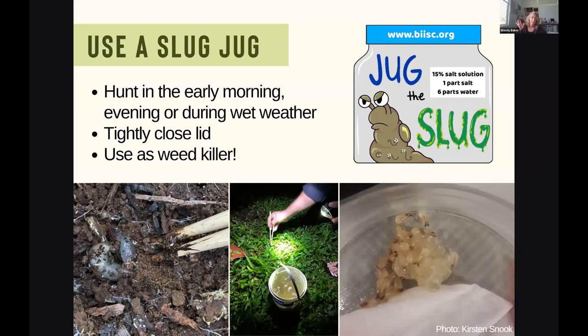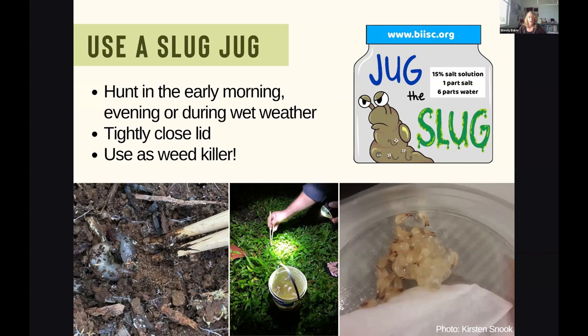Great ratio lesson for kids. Ratios, rational numbers, are always a good thing to work on for kids. Whenever we find them, I'm the one that does it. I go and get the slug jug and put the slug into the jug.